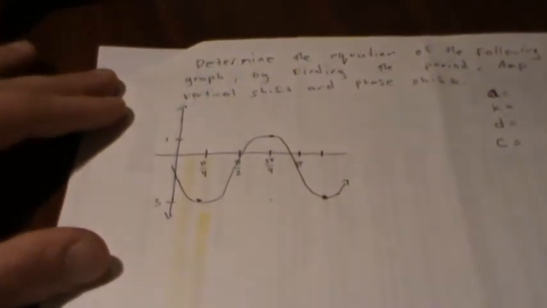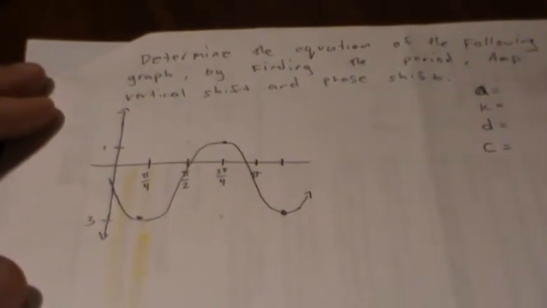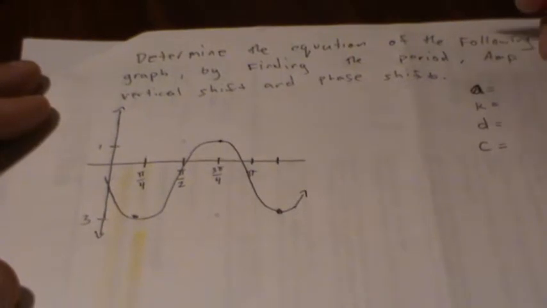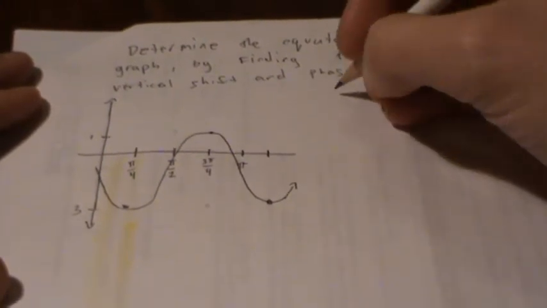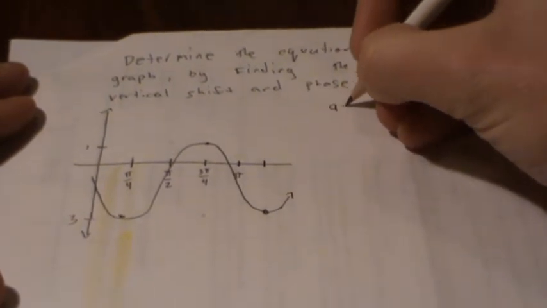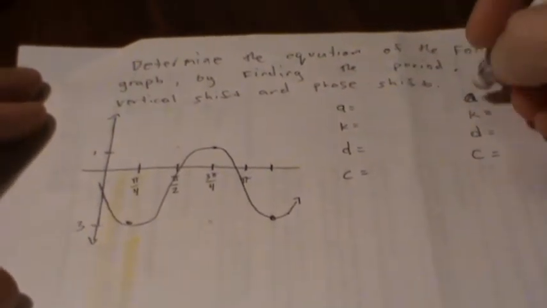This is a pretty good graph that we should be able to figure out. What I'm going to do with this is write my A, K, D, and C a little bit closer here.